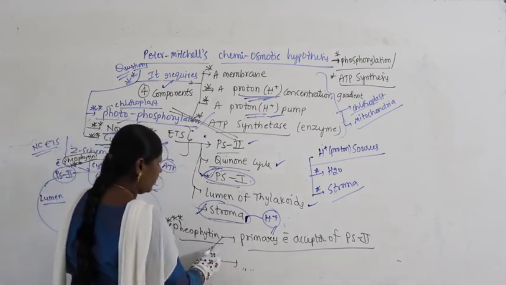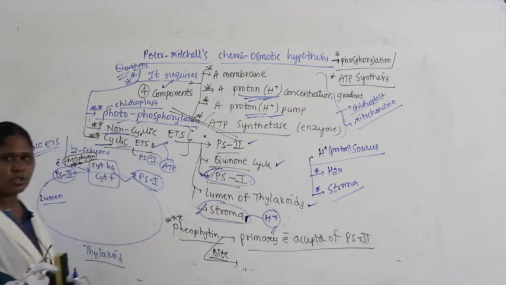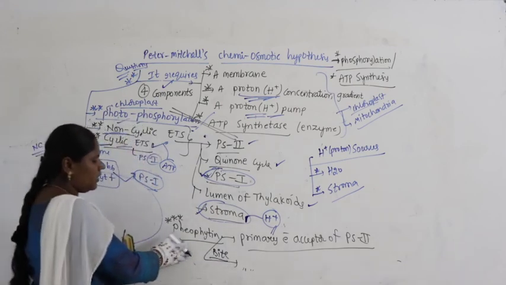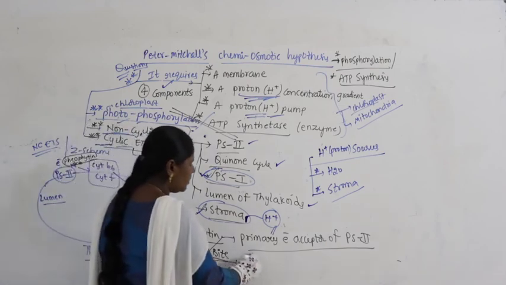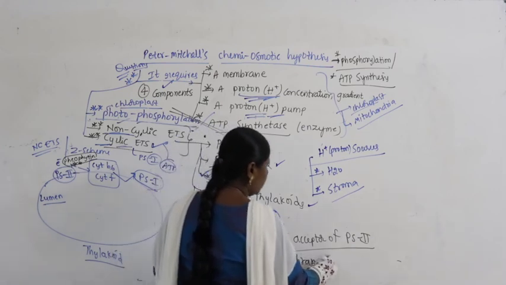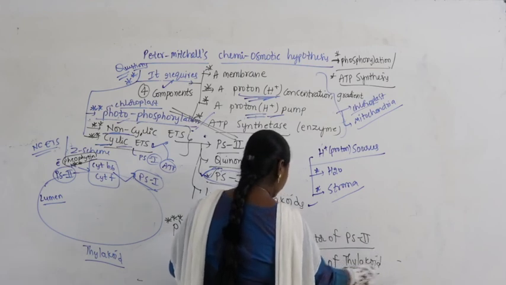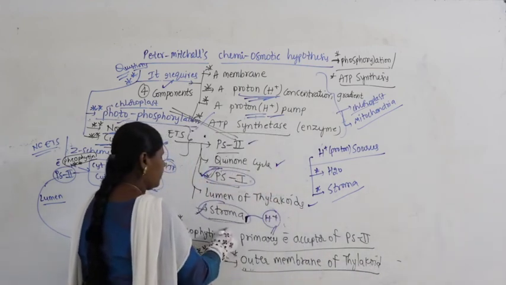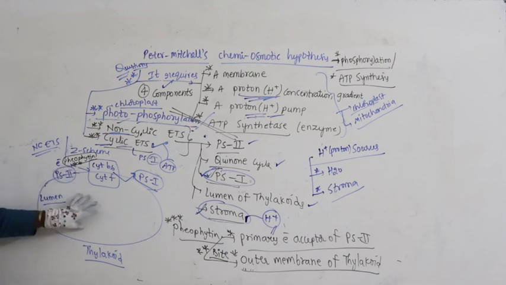Where is pheophytin located? Sometimes you will get the question of where pheophytin is located. The site or location of pheophytin, remember, is the outer membrane of the thylakoid, not the inner membrane of the thylakoid.